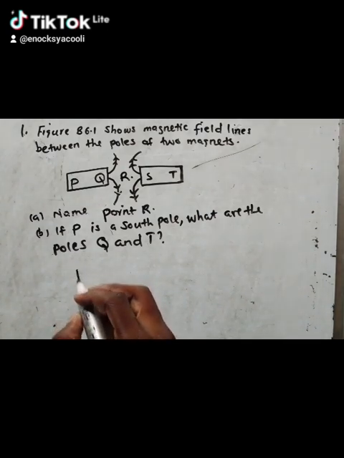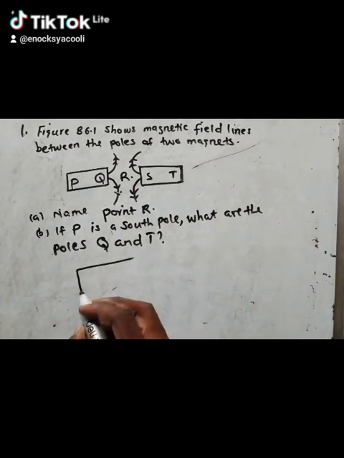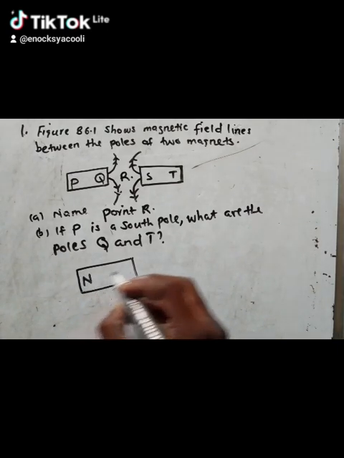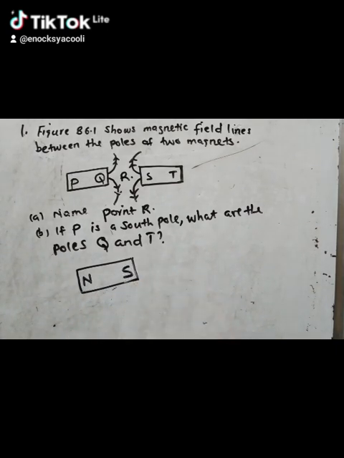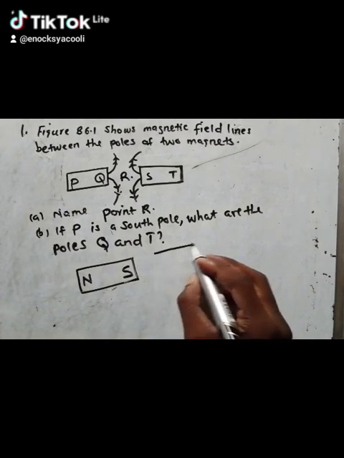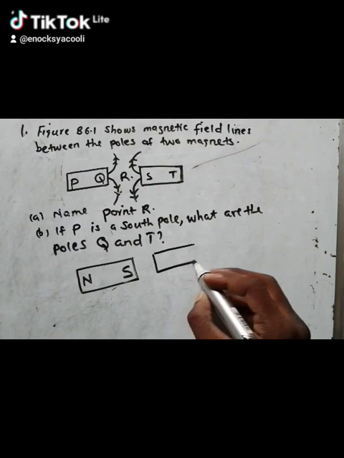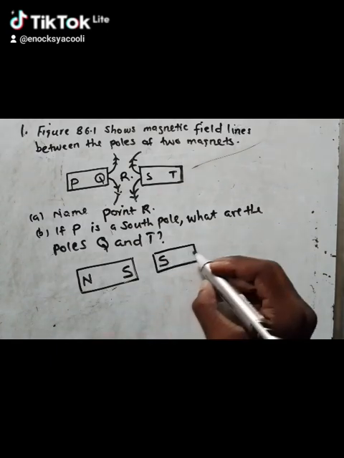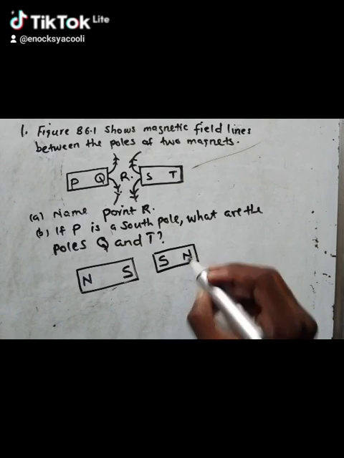On a magnet, we have two poles. We have south and north pole. So let's say this is our north pole and this is our south pole. Then let's bring another magnet here. Let's say this is south, this is north pole.